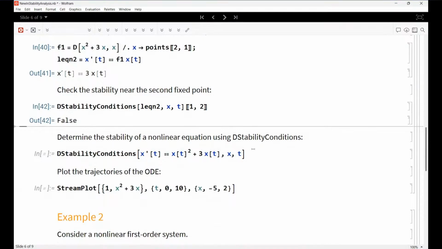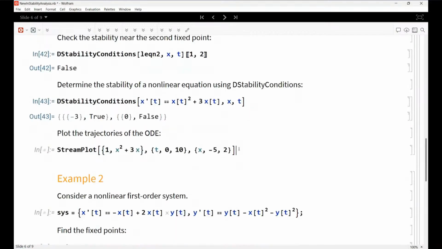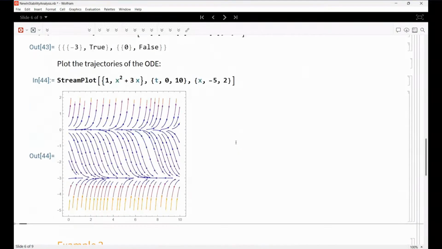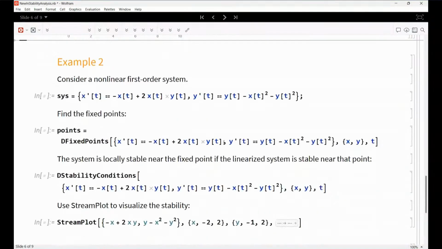And we can use this stability condition directly with the nonlinear equation to get the same result. And here is the stream plot of the system. As a next example, let's consider a system of two nonlinear differential equations.